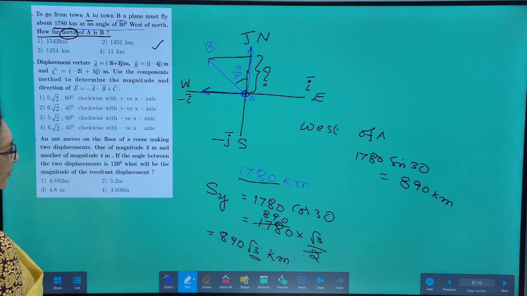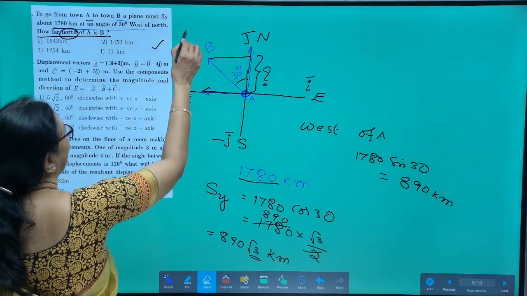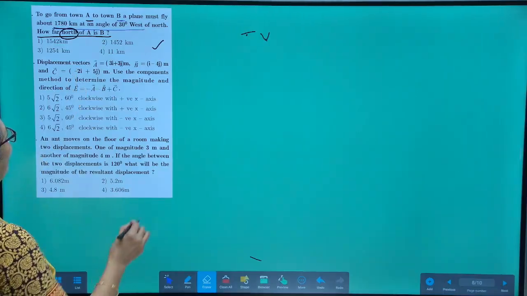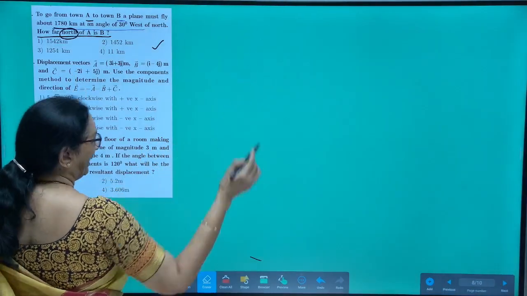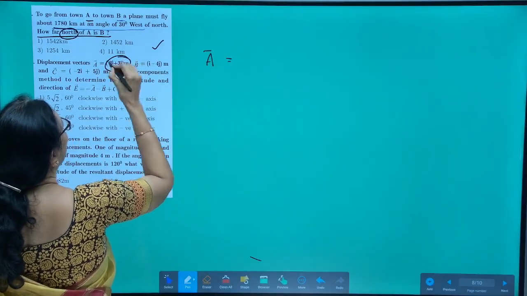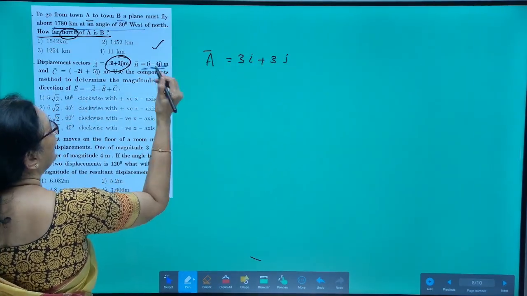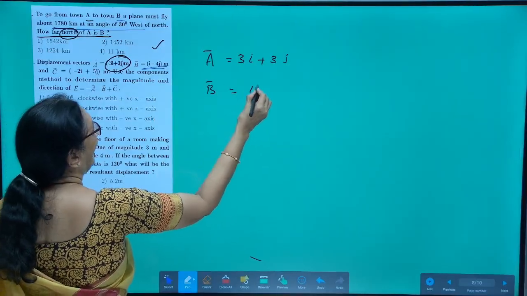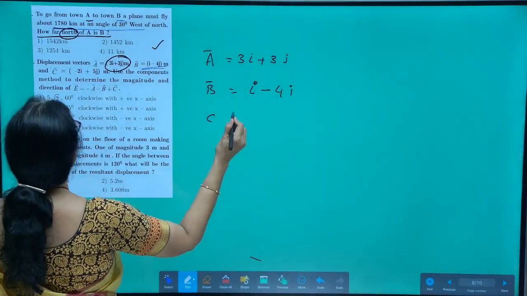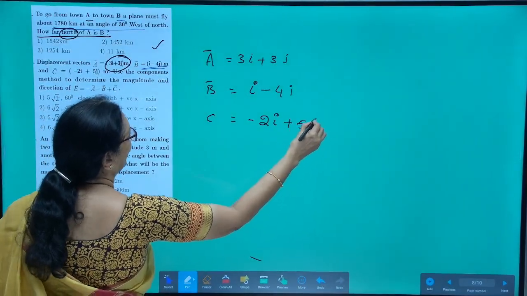Now let us go to the next problem. Read that problem carefully. Look here. Displacement vectors A bar and B bar are given. A bar is given as 3i plus 3j, B bar is given as i minus 4j, and C bar is given as minus 2i plus 5j.